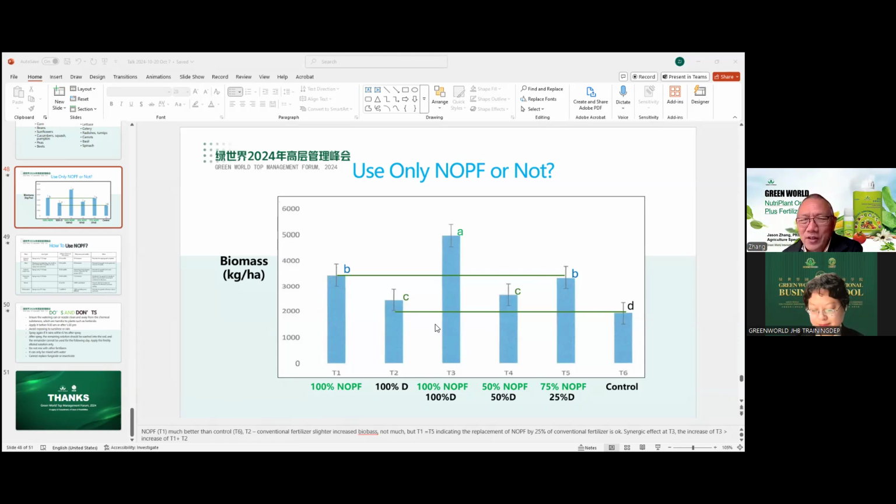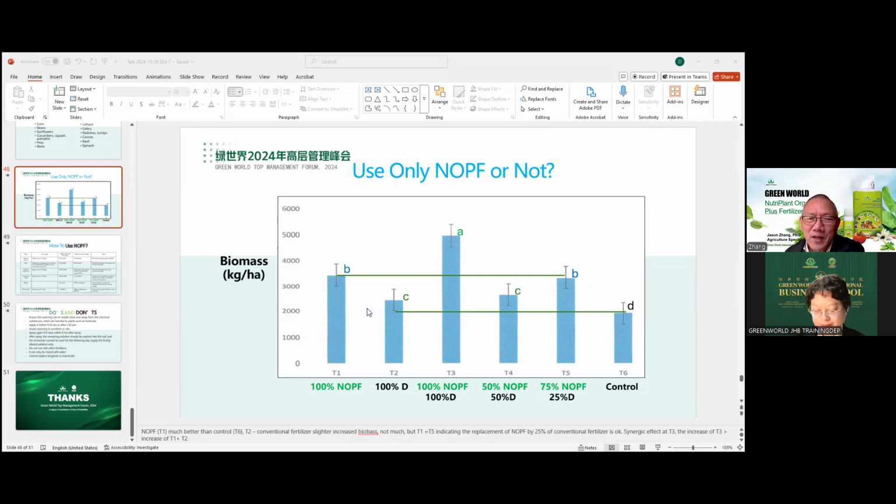And then you have another control, 100% NOPF, 100% conventional fertilizer. So this one you don't put anything, this one only conventional, this one only NOPF.